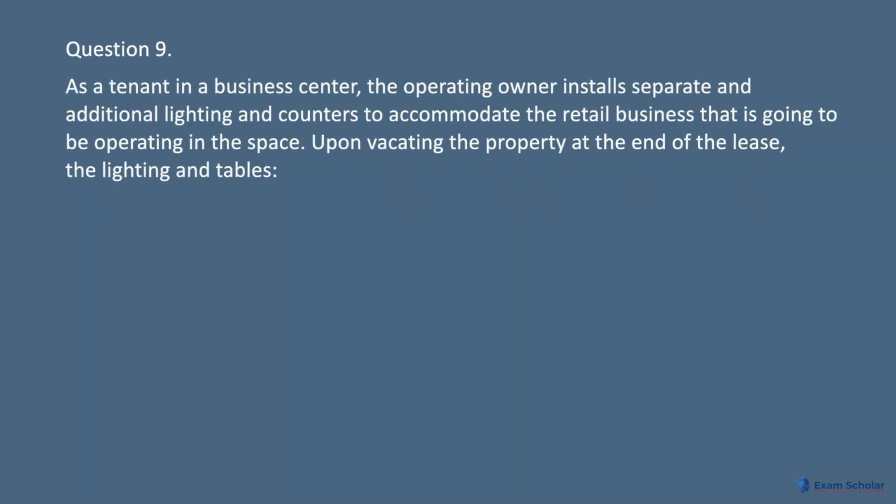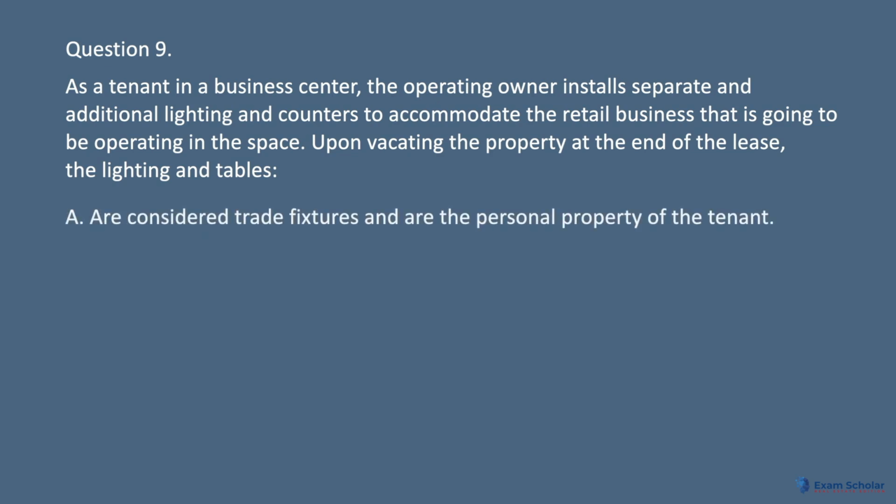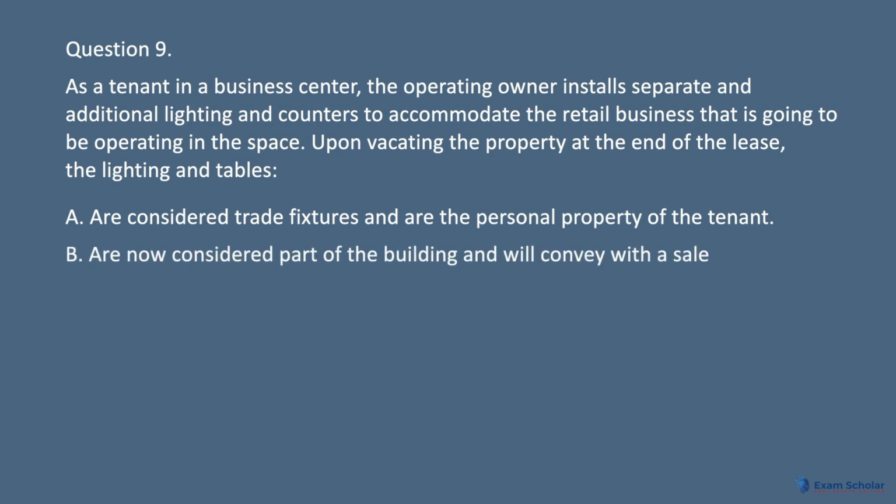Question 9. As a tenant in a business center, the operating owner installs separate and additional lighting and counters to accommodate the retail business that is going to be operating in the space. Upon vacating the property at the end of the lease, the lighting and tables A. Are considered trade fixtures and are the personal property of the tenant. B. Are now considered part of the building and will convey with a sale.